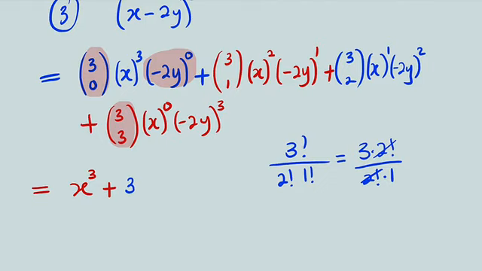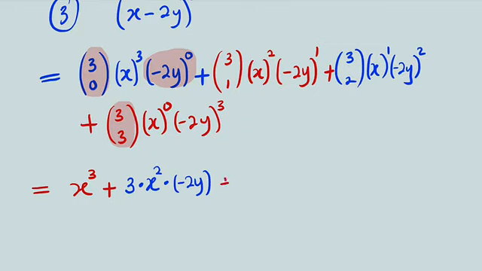This draws our attention to n combination 1 is always equal to n. So 3 combination 1 is equal to 3. And we have multiplied by x to the power of 2 is x squared, multiplied by negative 2y to the power of 1 is negative 2y.